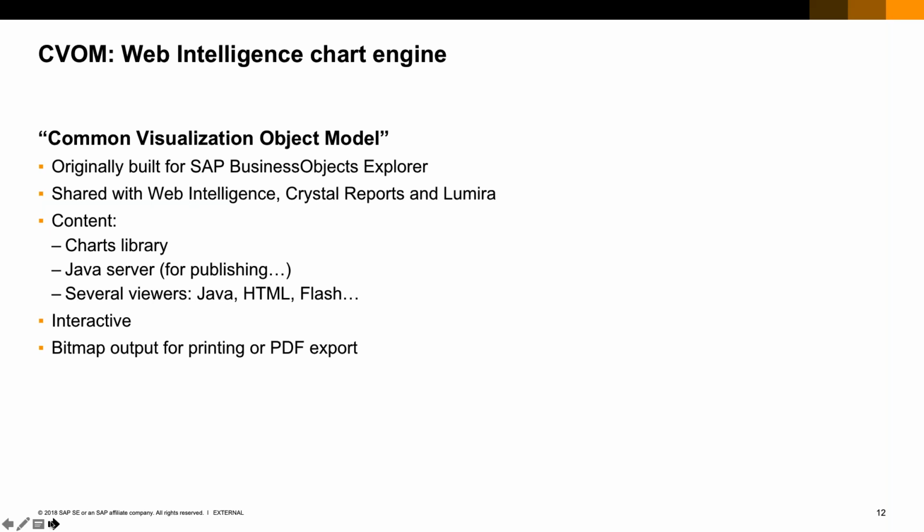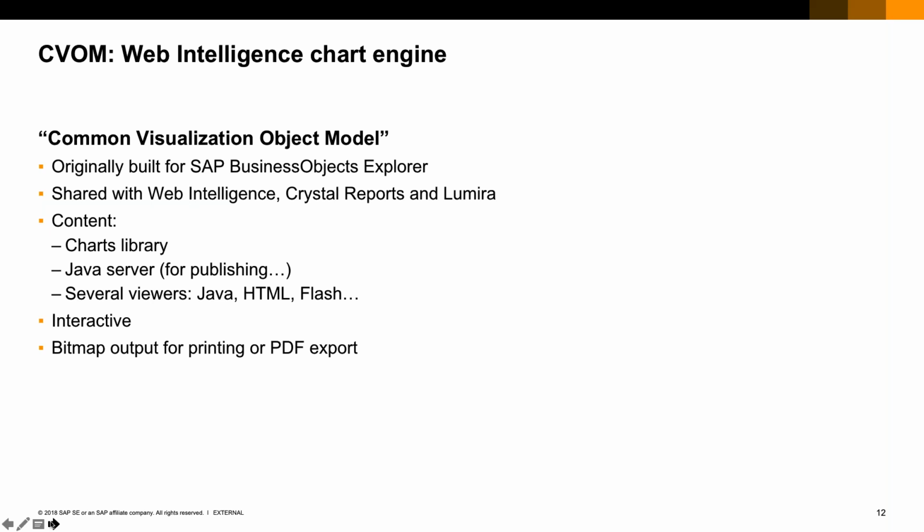It contains a chart library, the actual charts you're seeing in the Webi report, but also a Java server, on the server side, which is used essentially for publishing and exporting the charts, and then several viewers. The very first one was a Flash viewer because it was for Business Objects Explorer, but after that, a Java viewer was developed, especially for Web Intelligence, an HTML viewer as well, and more recently an HTML5 viewer for the Web Intelligence interactive client.